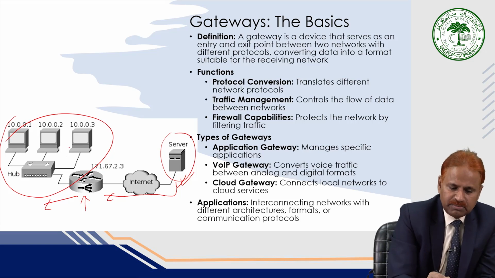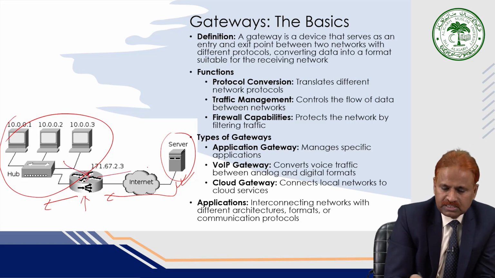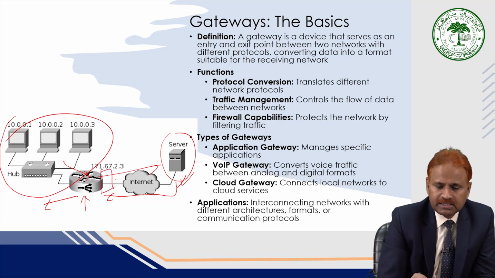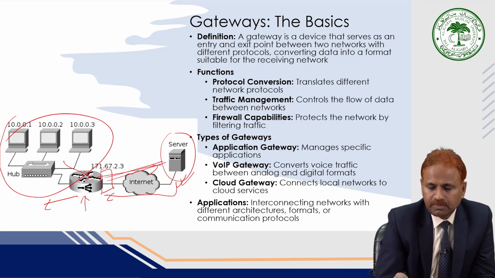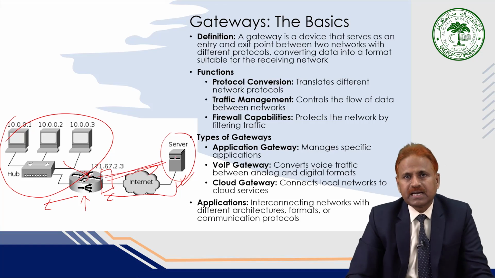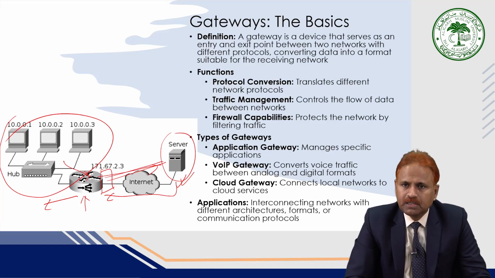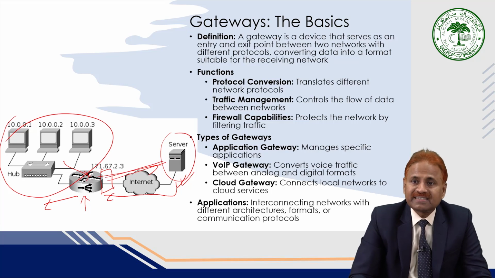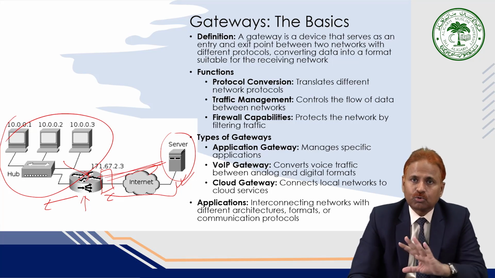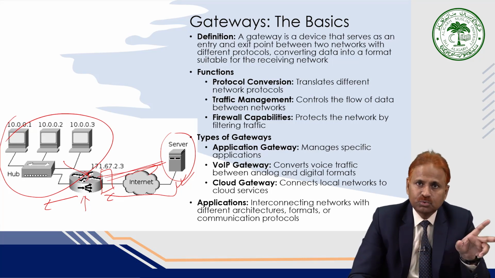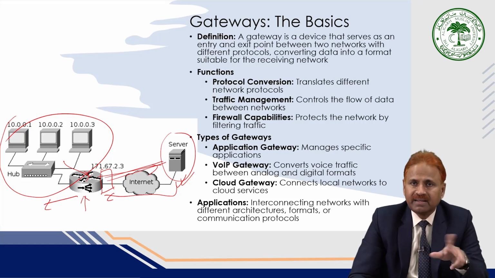Similarly, if you are transmitting a packet from this to this network, the packet will be translated in such a way that it could be correctly interpreted by the network on this side. So that is the function of gateways.